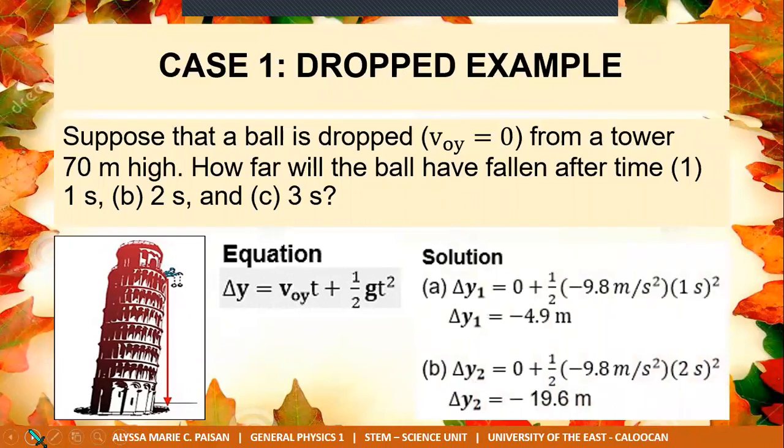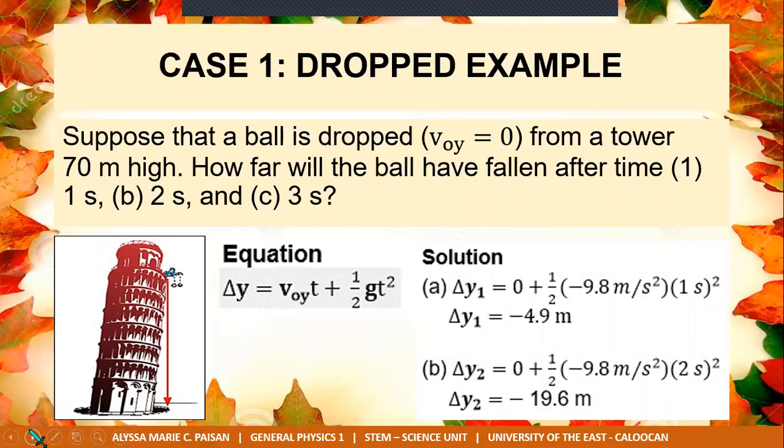Okay? Let's substitute to get delta y sub 1. Of course, our v naught y is 0. So, we just substitute g, 9.8 meters per second squared, and then the time, and we will get delta y 1 is negative 4.9 meters. The negative sign only means, again, that the object is going down. The displacement is in the negative direction.